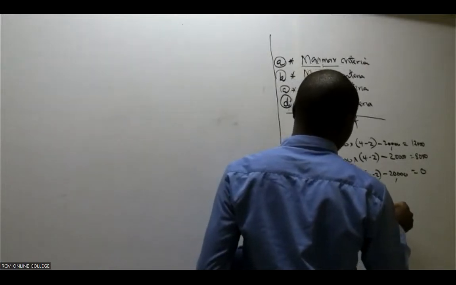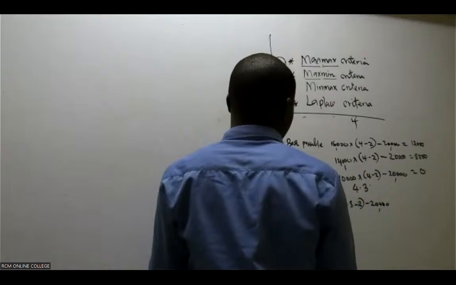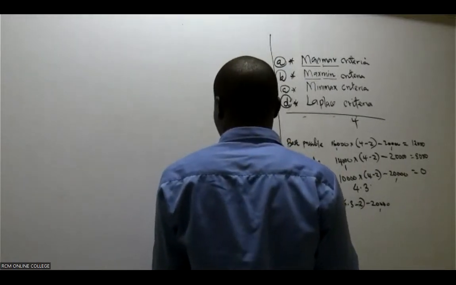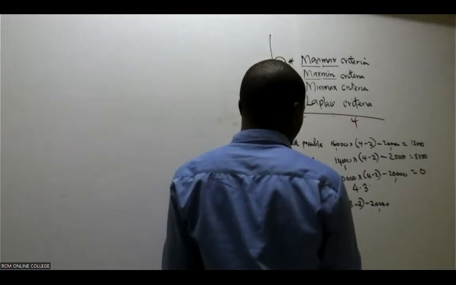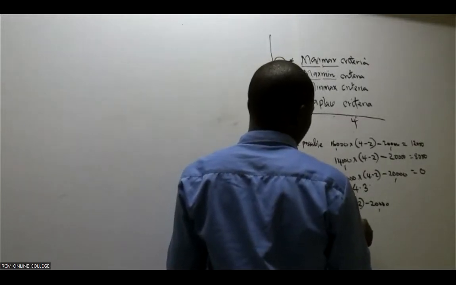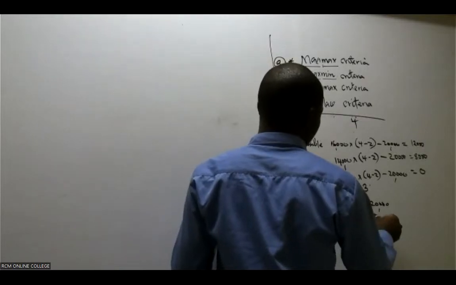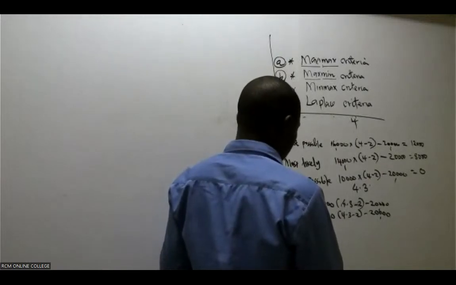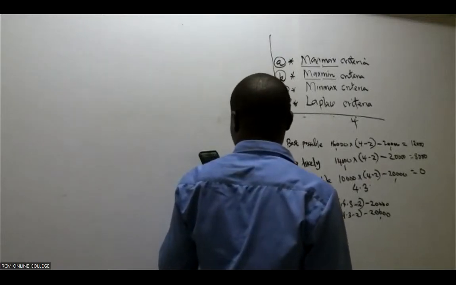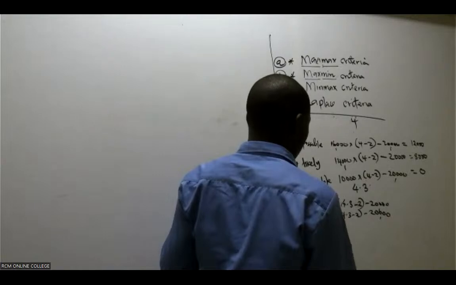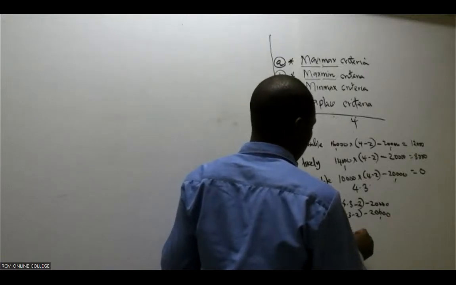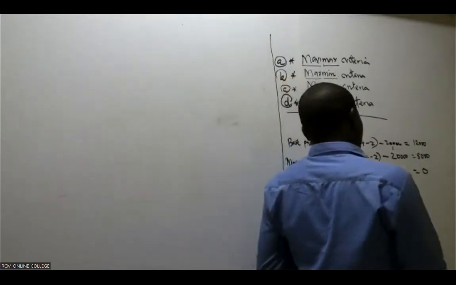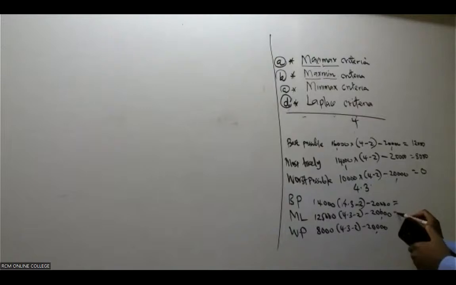We deduct 20,000. Most likely, we have 2,500 into 4.3 minus 2 minus 20,000. Then worst possible, we have 8,000 times 4.3 minus 2. So what do we have here? Give me the figures.